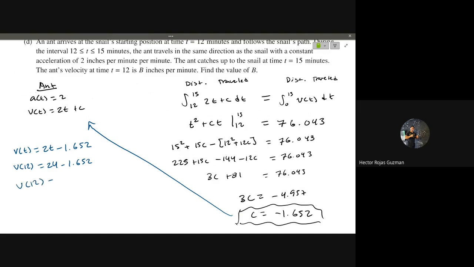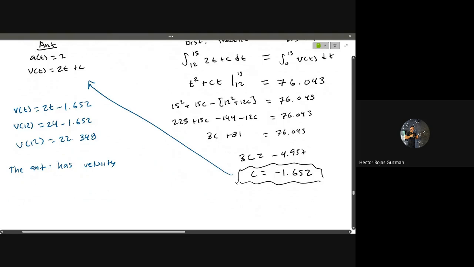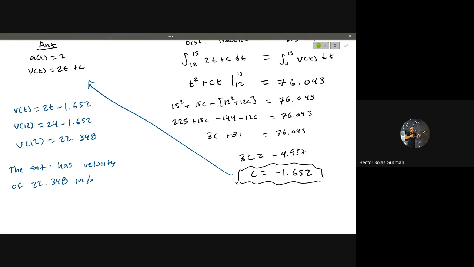So this is going to be 22.348. The ant has a velocity of 22.348 inches per minute at t equal to 12 minutes.